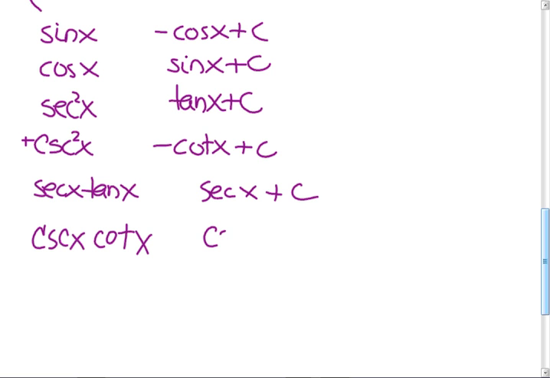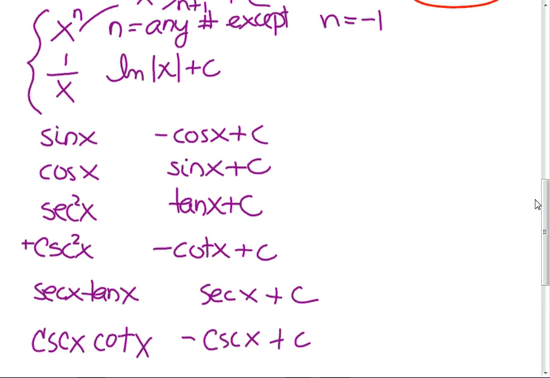Okay, what is this? This is cosecant of x, negative cosecant of x plus c. And then we have some other ones. What's this one? Do you remember that one, Austin? Inverse sine of x plus c. If you put a negative there, it's inverse cosine. Just leave it with sine.